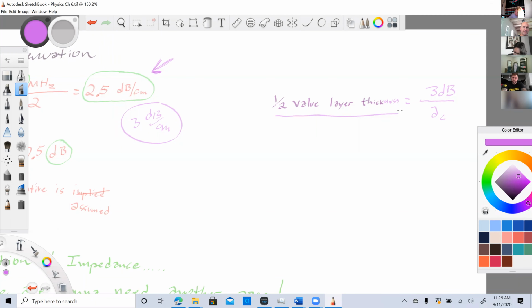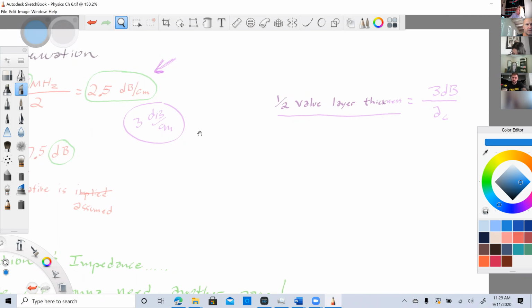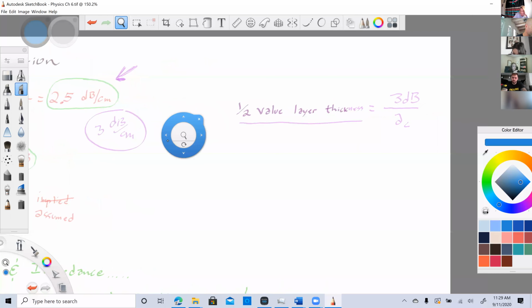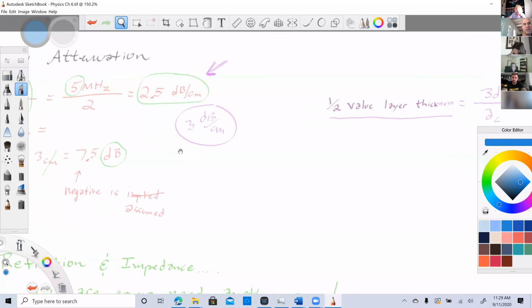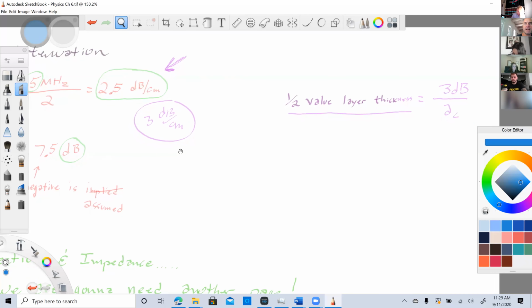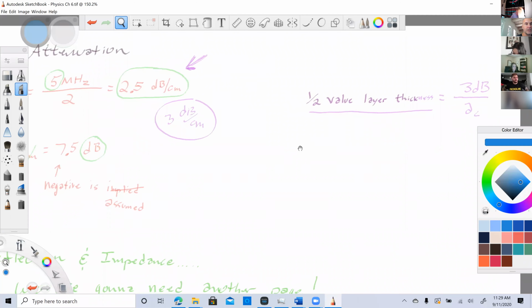Let's see. I do have a little example written down here, so let's use that. Half value layer of 2 megahertz. Did I want to use 2 megahertz? Okay. If I just want to use 3 decibels divided by the attenuation coefficient, we're going to have to find the attenuation coefficient.